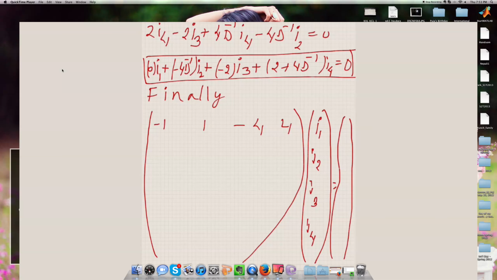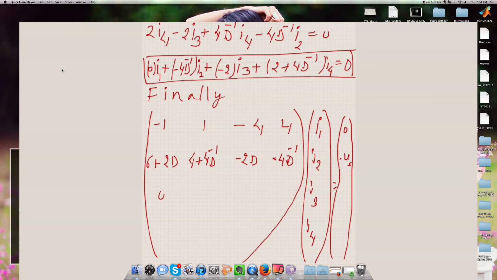These are tricky things. So it's 0. The next one has 6 plus 2D, 6 plus 2D, 4 plus 4 D minus 1, minus 2D, minus 4 D minus 1, minus V sub S.